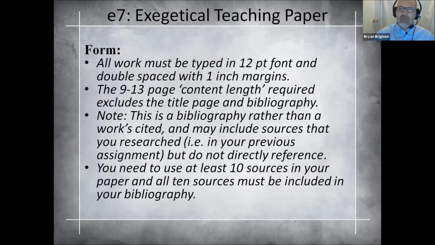The other paper has a works cited, so everything in the works cited must be in the exegetical research report. But with the big paper, you can include things that weren't part of your final paper. Does that make sense? You're allowed to do that.